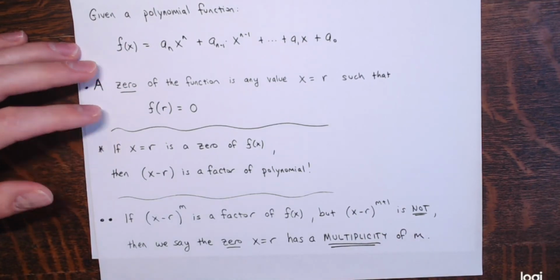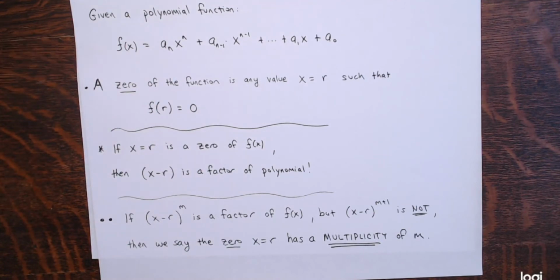Another way to say this is the multiplicity of a zero is just the number of times x minus that zero is a factor.